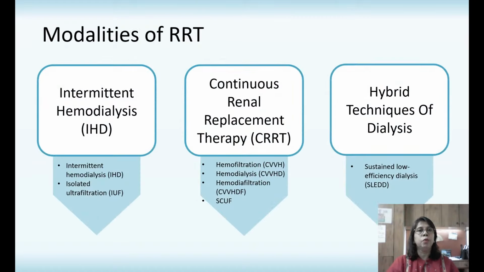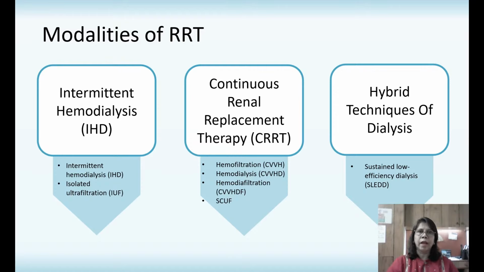Although many of you already know this, let's just revise this for our memories. So the forms of renal replacement therapy begin with intermittent hemodialysis, or IHD as it's commonly known, in which there is alternate day dialysis or daily dialysis for a fixed period of time from 3 to 4 hours.